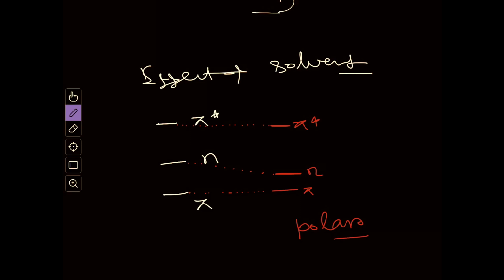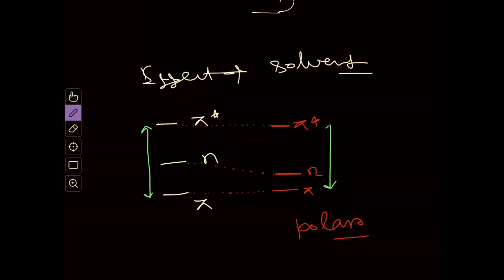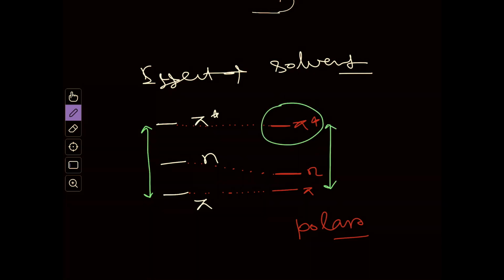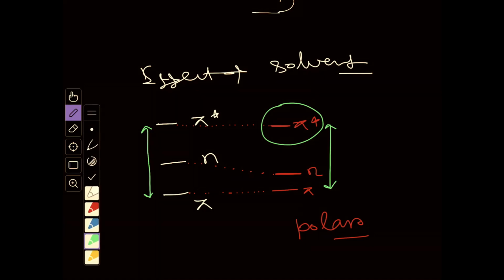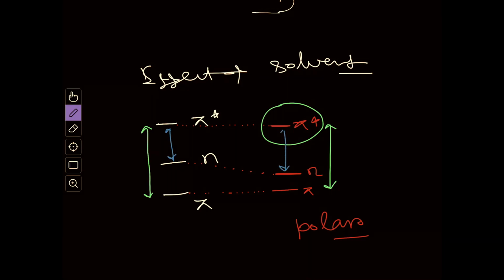Now what is interesting here is, previously we had a certain pi to pi star gap, but now the pi to pi star gap will decrease because the pi star will be solvated more compared to pi. So pi will not go down as much as the pi star goes down, and that's why the energy gap of the pi to pi star transition decreases as you go to the polar solvent. But for the n to pi star transition, the situation is reversed, because n is more solvated than pi star, and that's why in this case the energy gap actually increases.